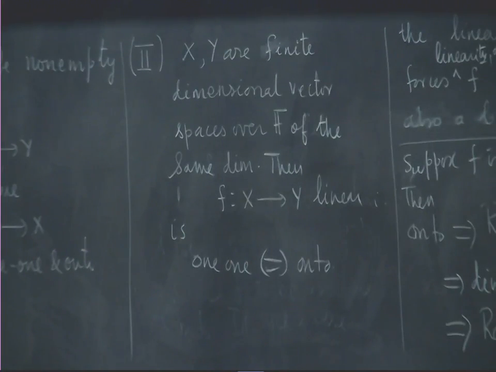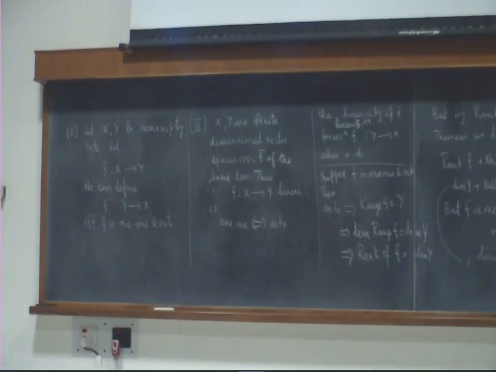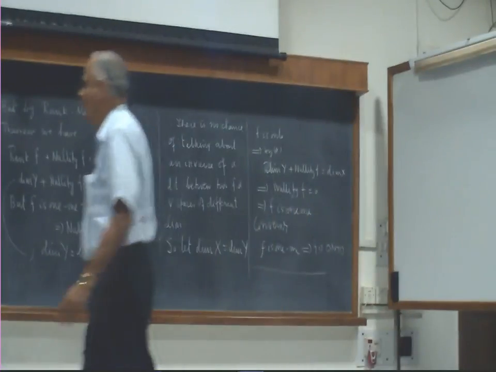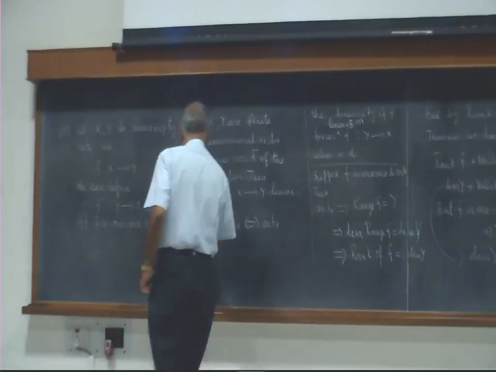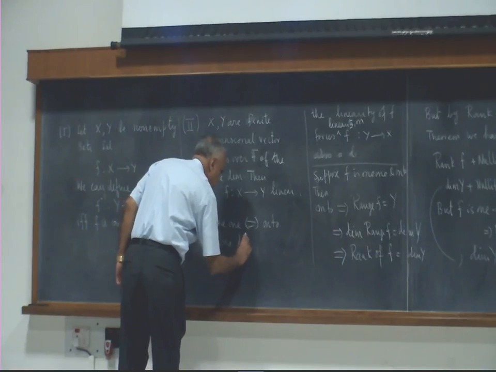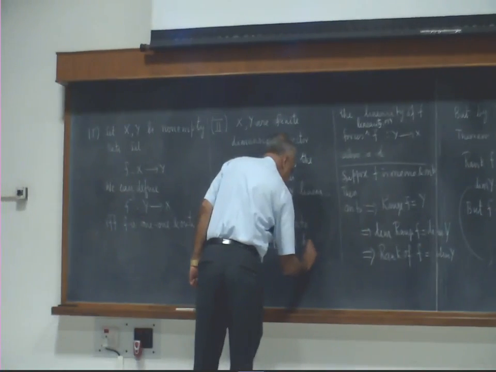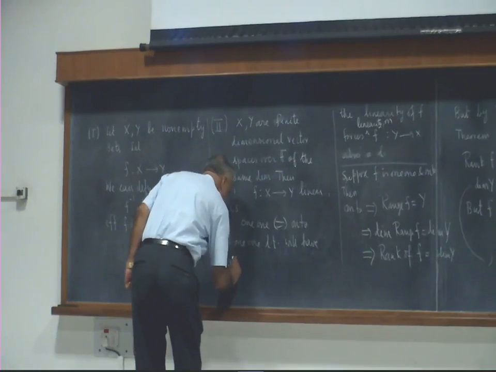Therefore, a 1-1 map will automatically have an inverse, or an onto map will automatically have an inverse, and the inverse is automatically linear. So therefore, in this case, a 1-1 linear transformation will have a linear inverse.